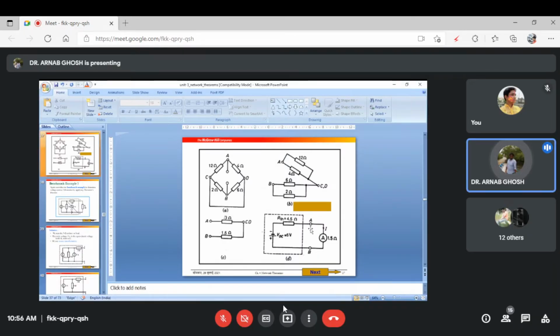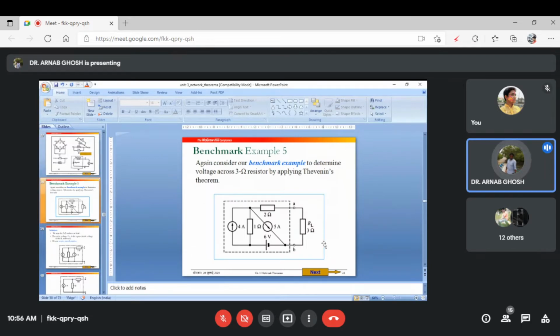So 4.5 ohm, ammeter's internal resistance as 1.5 ohm. And so what you are getting, the total current? The total current is 6 volt divided by 6 ohms. That is equal to 1 ampere. Okay.